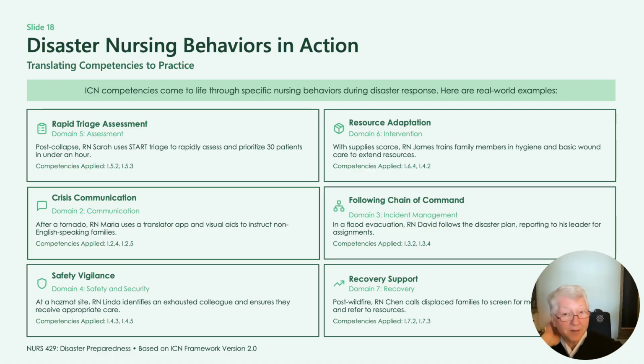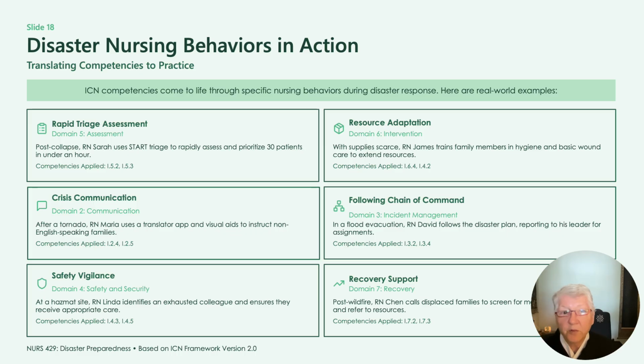Disaster nursing behaviors in action, important for you to think about. So the slide basically illustrates how the ICN competencies translate into real nursing behaviors. Examples include rapid triage assessment using the START principles, adapting resources by training family members to assist with care, and using alternative communication tools when language barriers exist.